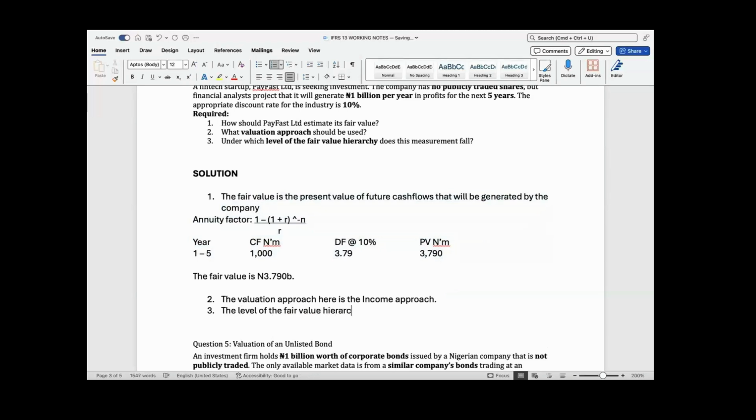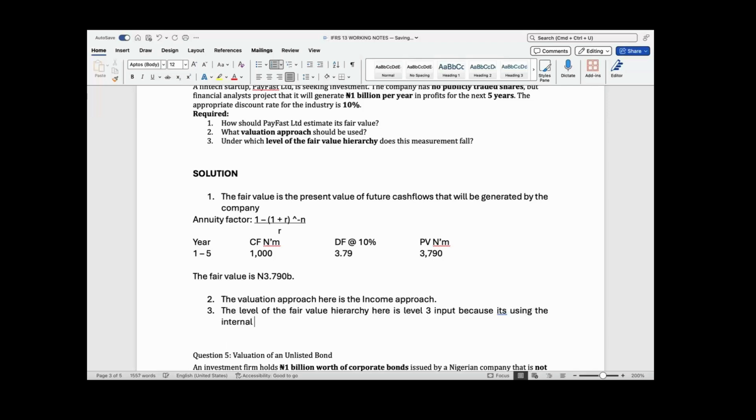Can you tell me? Level 3. Yes, level 3 input, because it's using the internal data of the company, right?